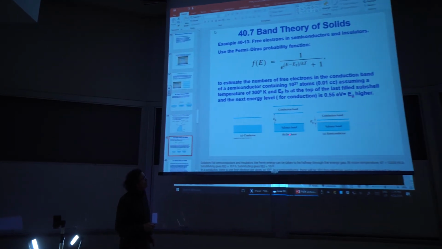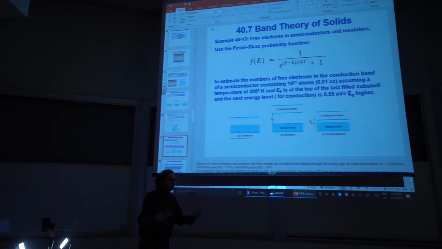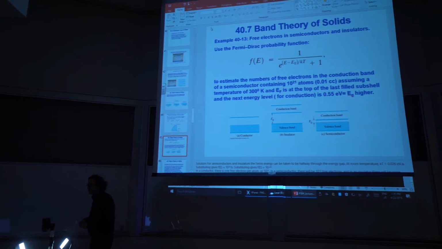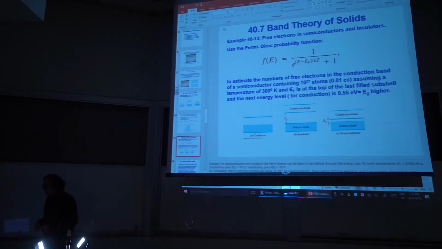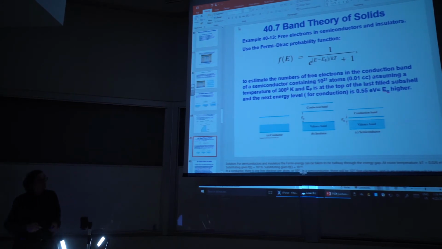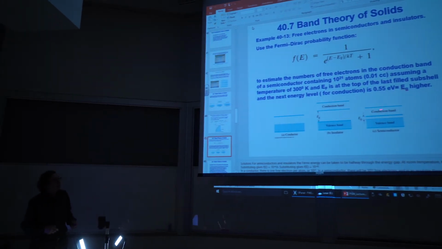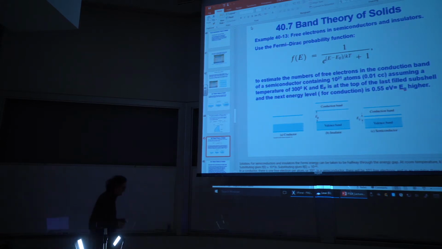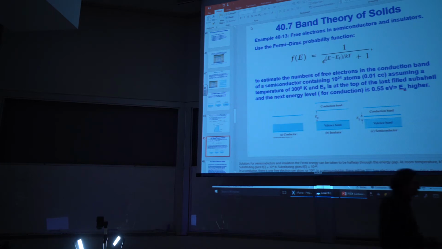What we can do, and this was worked out as an example in the Gene Coley text that you have for your reading assignment, is calculate the probability of finding an electron in the conduction band based on its thermal energy.